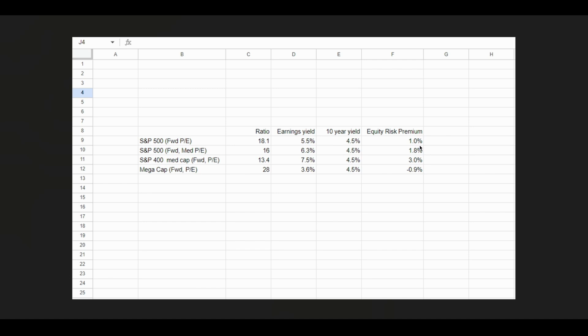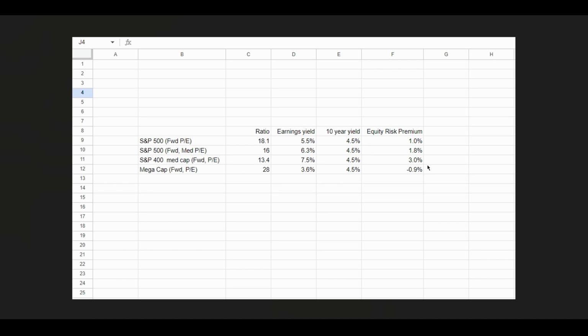The S&P 400 mid-cap has an equity risk premium of 3%. That is closer to the historic norms, but still nothing to be excited about. And finally, looking at mega-caps, we've got a negative risk premium, meaning you are essentially expected to lose money by investing in those stocks instead of bonds.